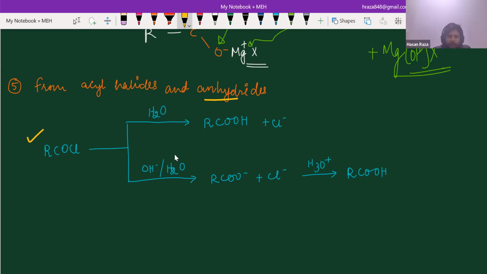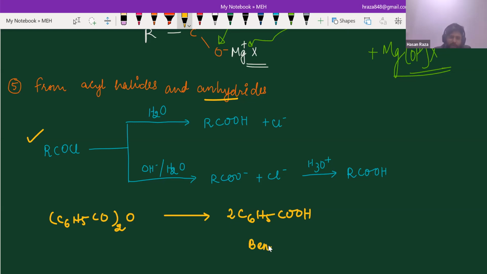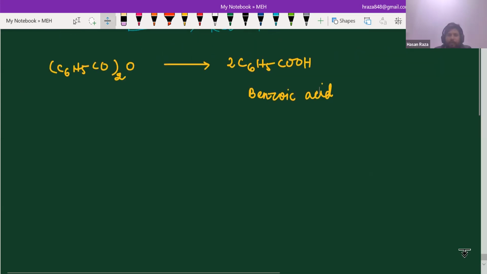Now for the anhydride, as you know, this is pure anhydride in which the benzene group is there twice. So what will happen? This will be hydrolyzed into C6H5COOH, and it will be 2 moles of carboxylic acid, and this is your benzoic acid. I'm going to expand it a little bit, and you will see how this product is formed. It's very easy.